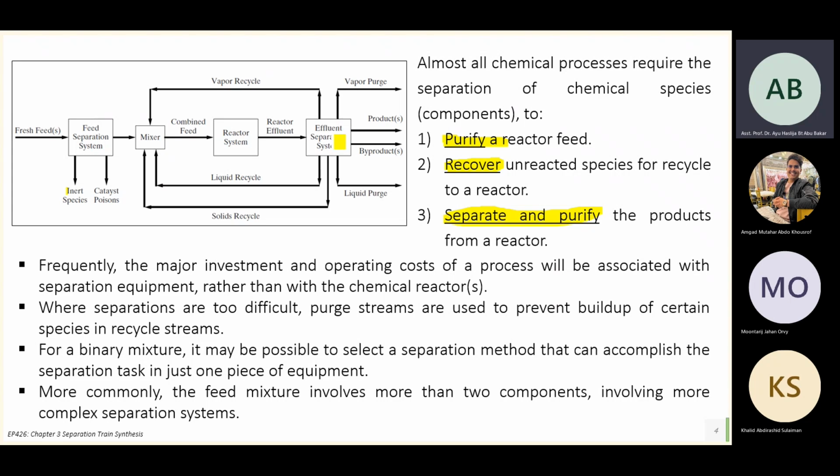If your reaction is simple, just to separate two components, you can simply use an ordinary distillation column. But if you have mixtures of effluent products, then you will perhaps need a series of separation units. Okay, so these three are the main reasons why you need a separation system, a separation process.